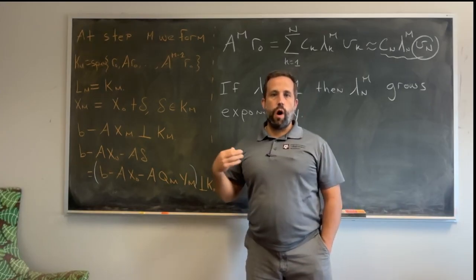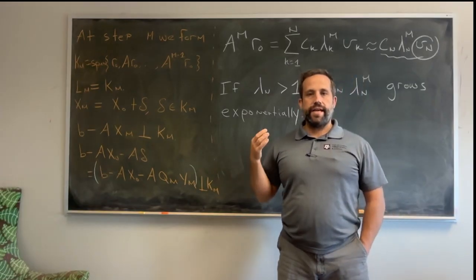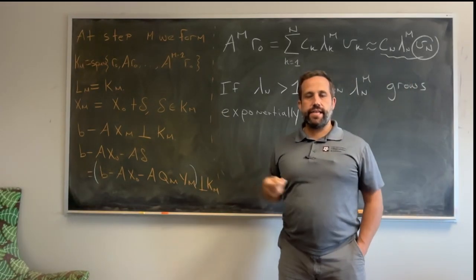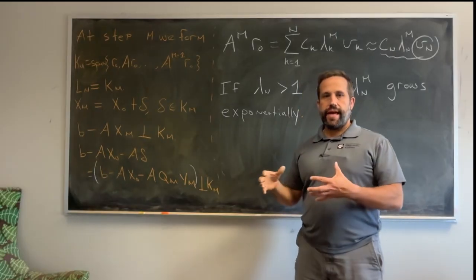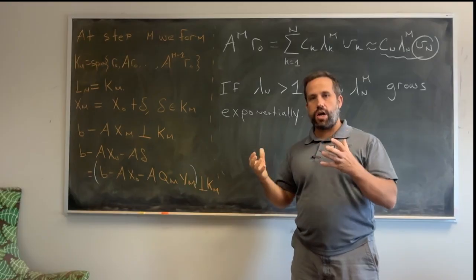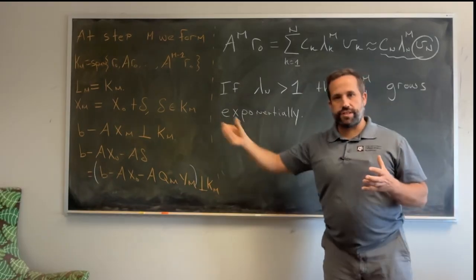Okay, so what we want to do instead, and we'll explain this in the next video, is not keep applying A to r0. Essentially, we want to apply A to the part of a vector that is orthogonal to the first set of vectors.